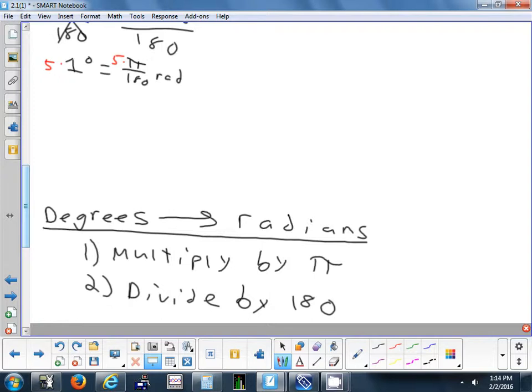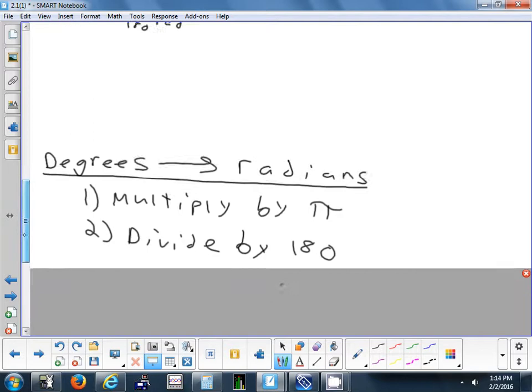Multiply by pi, divide by 180. And that's to change degrees to radians. Okay, does everyone have those 2 steps?